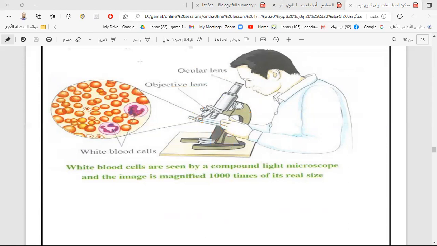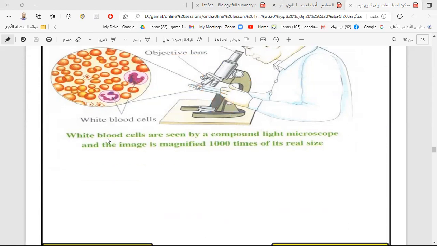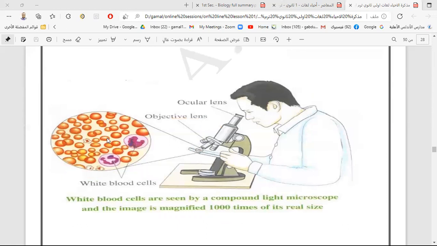This is the light microscope that we depend on the light. You can use this mirror to collect the sunlight and reflect it here on the slide. Okay. And also, some light microscopes work with electricity. You can replace this with a lamp and connect it to electricity.